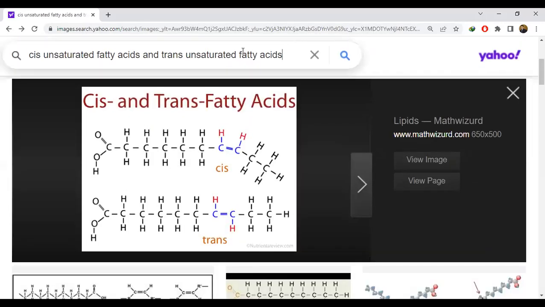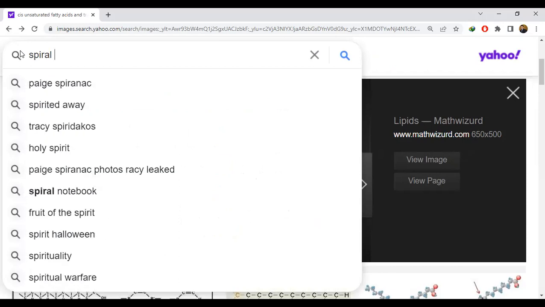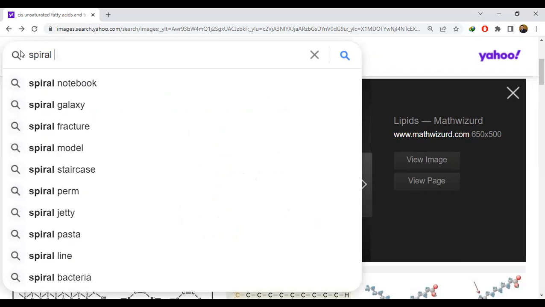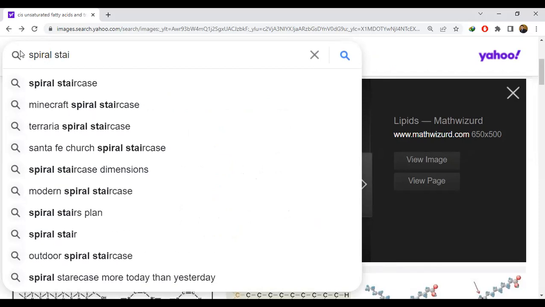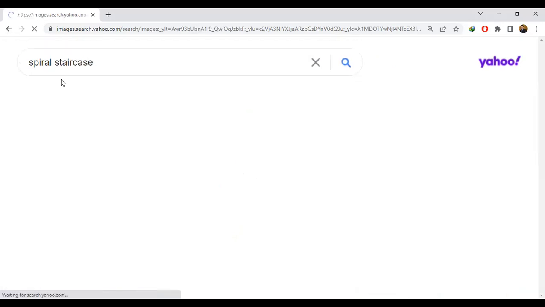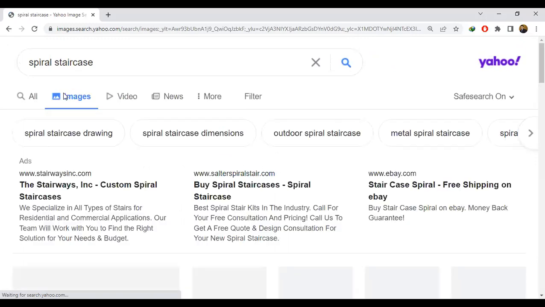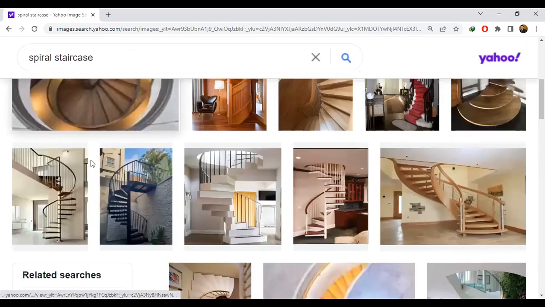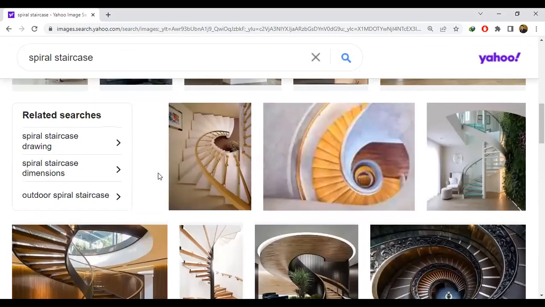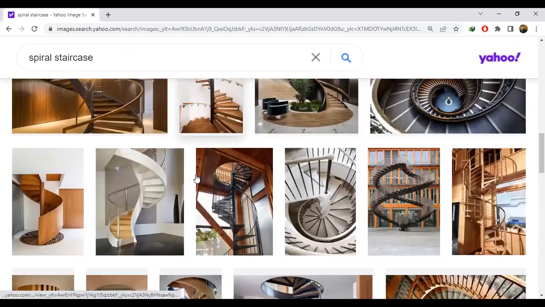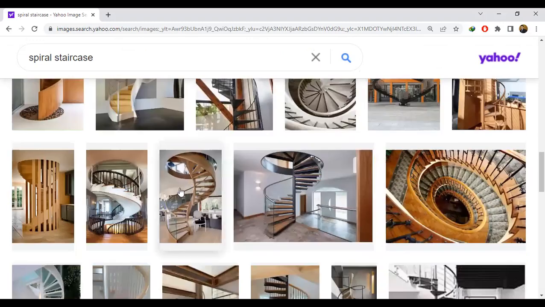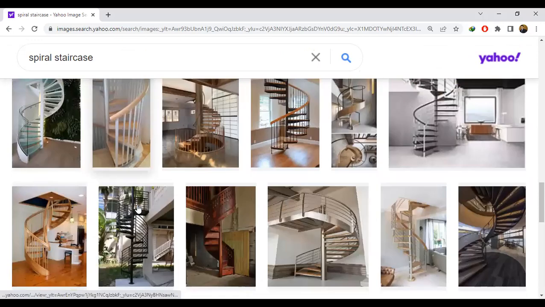Okay. If you take the alpha helix, you have seen, even you have climbed up a spiral staircase. Do you know a spiral staircase? Yes, sir.